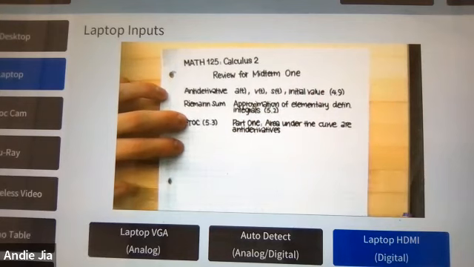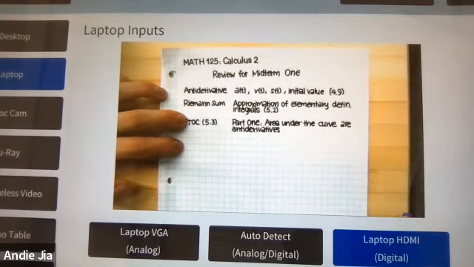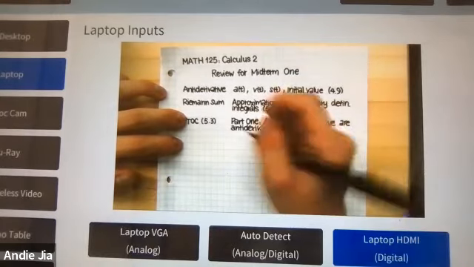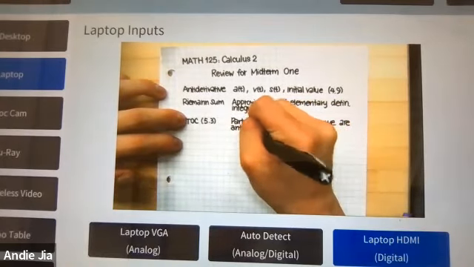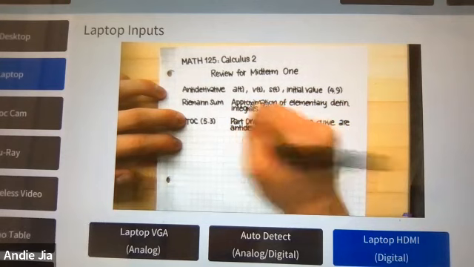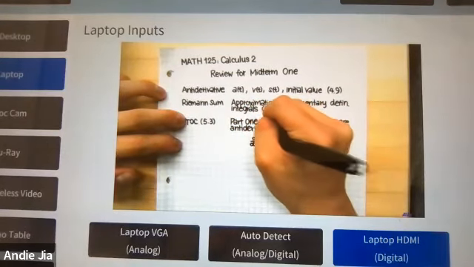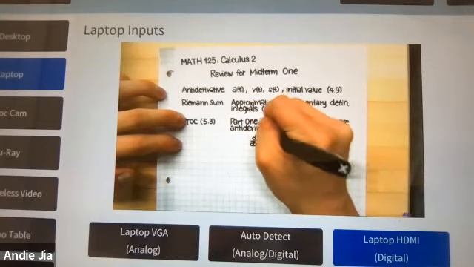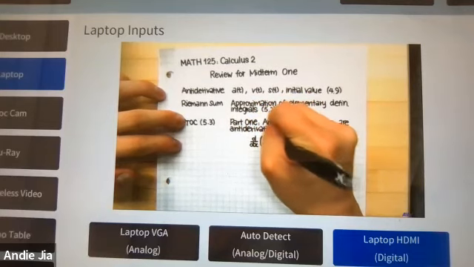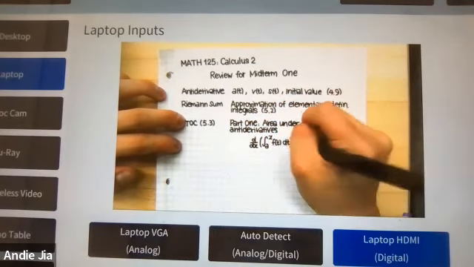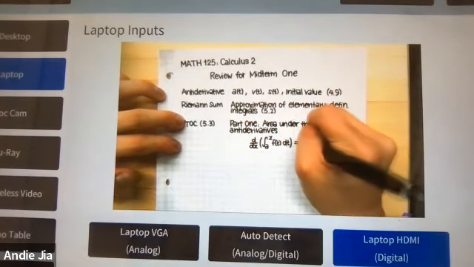We define that the derivative of the function d/dx of the integral from a to x of f(t) dt is just f(x) itself.